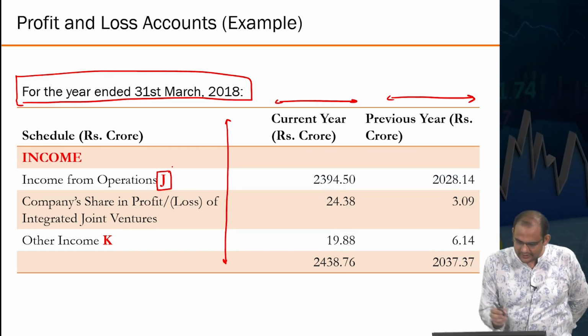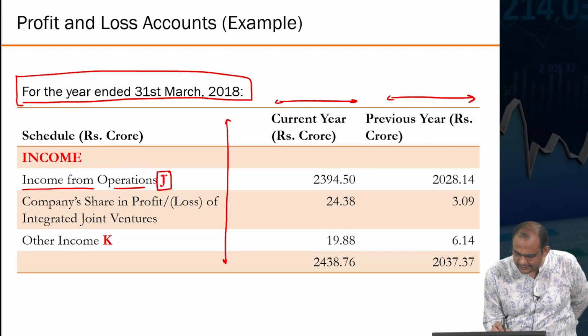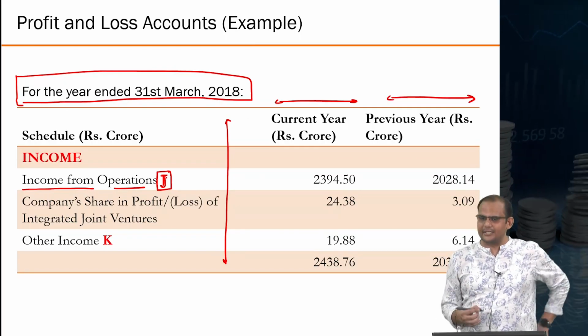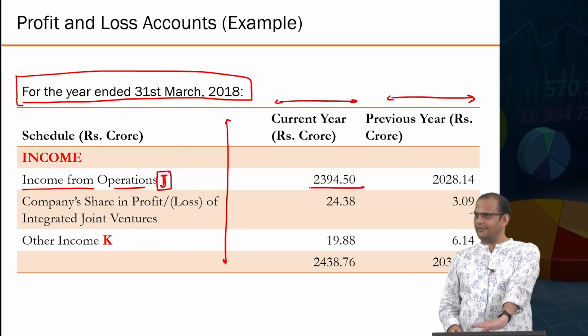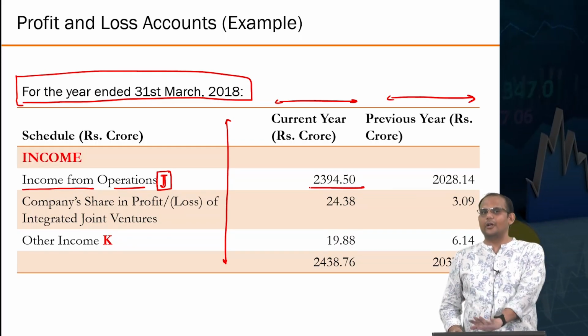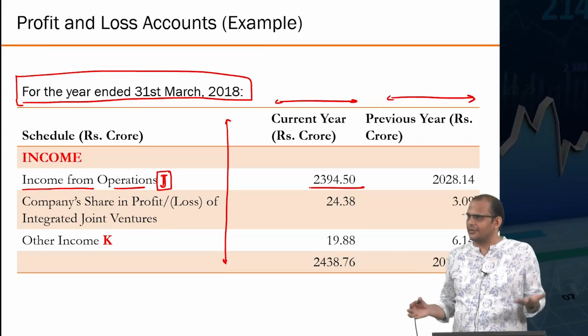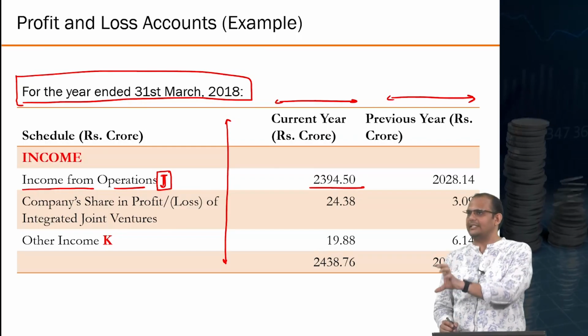So for example, income from operations, and I mention this J as a schedule name. It means that the total income from operations is given here. If you want more information about how this income came and what the sources of that income are, please look at schedule J of the financial statements.